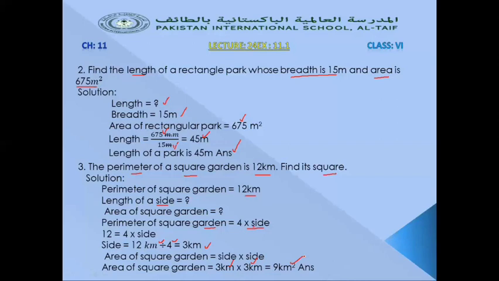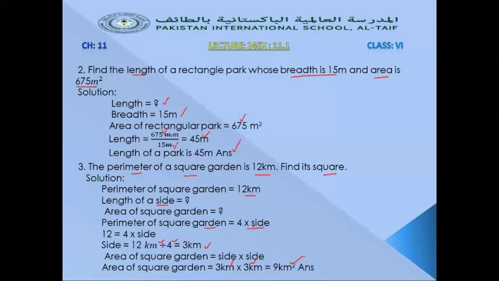Area of the square garden is equal to side multiplied by side. Side is equal to 3 kilometer. Again multiply 3 kilometer, 3 times, it will come square kilometer.